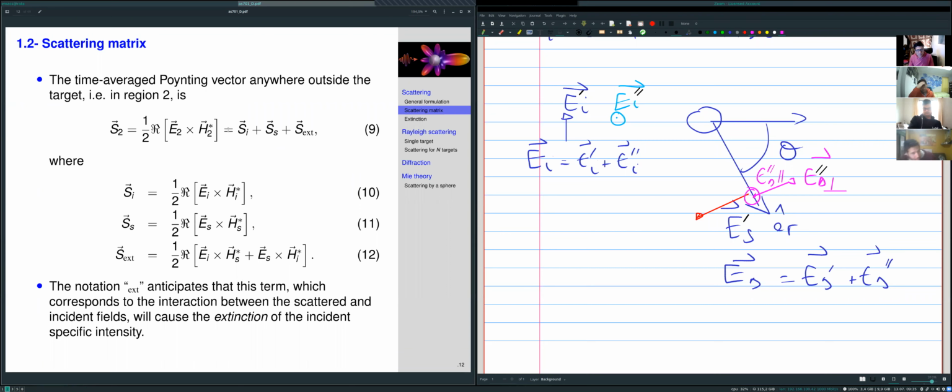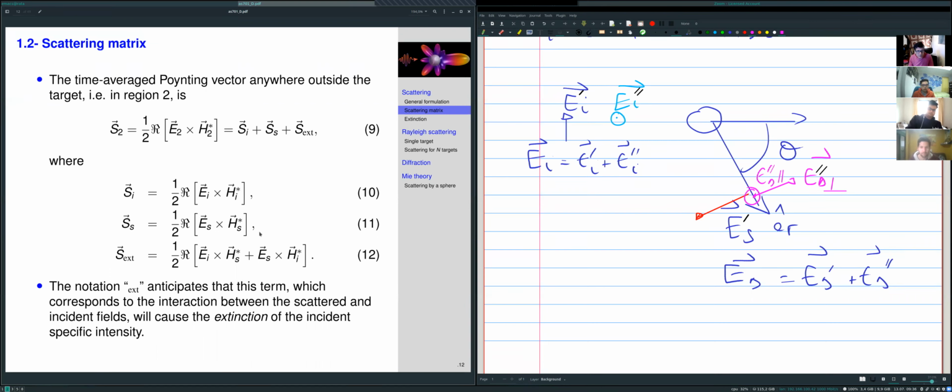The first one you recognize is the incident Poynting flux. So when you take the Poynting vector anywhere outside your target, you'll recover the incident radiation field. You also have the scattered field, which is E_S cross H_S, responsible for the scattered fields only. And there are the cross terms.